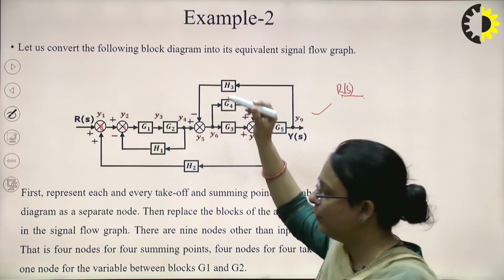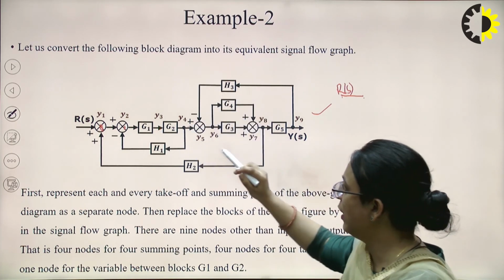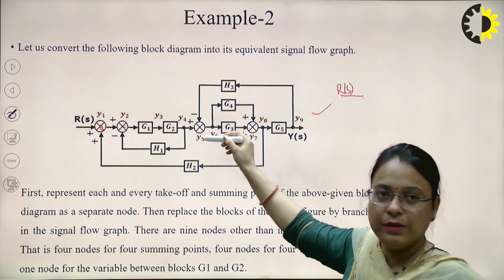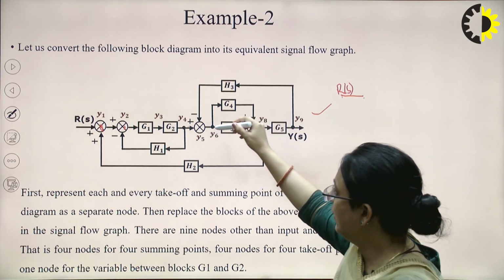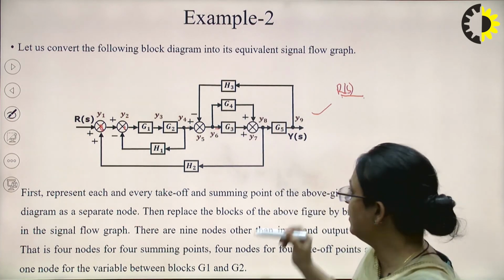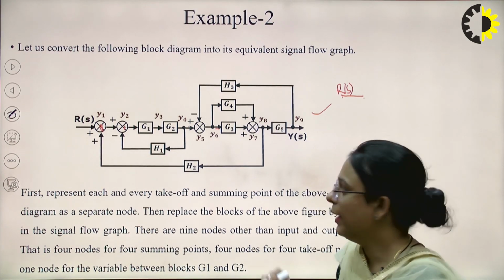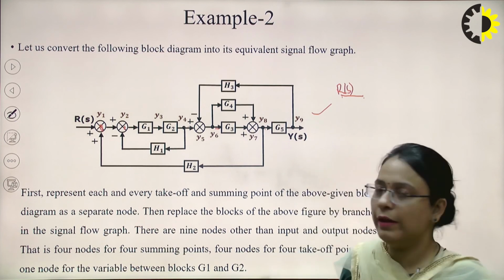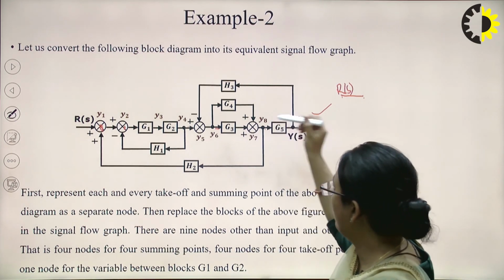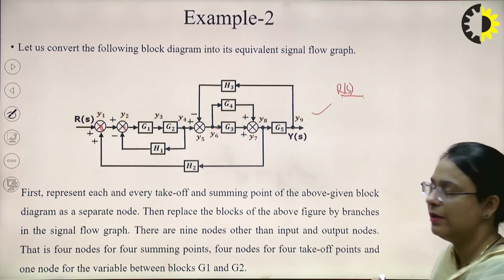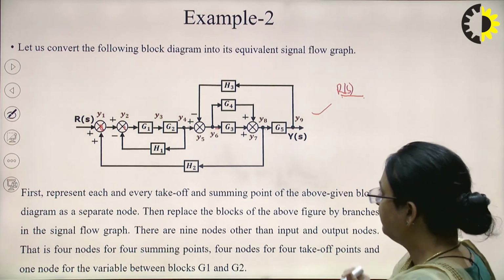Then there could be a node for this takeoff point, Y4, we can name it. We can name this summing point as Y5, this takeoff point as Y6 as another node. Then this summing point is represented as another node Y7. This takeoff point can be represented by Y8, and this takeoff point as another node Y9.